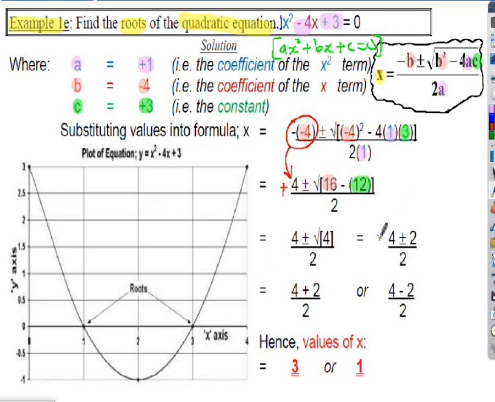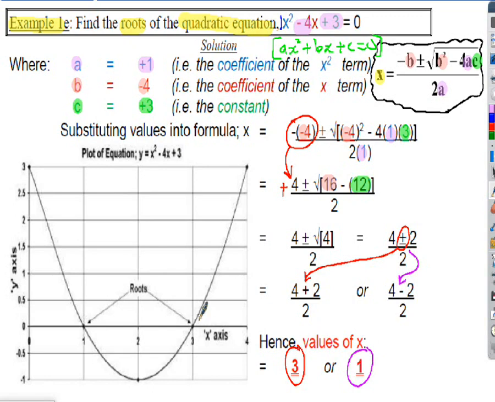What we'll end up with in this case is an equation with 4, and don't forget we've still got the plus or minus in the equation, so 4 plus or minus 2, in this case, divided by 2, and that's where we get our two solutions from. We get 4 plus 2 divided by 2, so that gives a value of 3, and we will also get this solution with 4 minus 2 divided by 2, and that gives us the other root of 1.